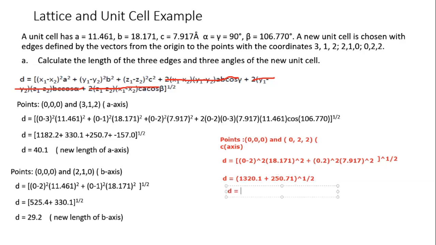So the new c-axis is going to be 39.63 angstroms. So that's the new length of the c-axis. Now we know the length of the new a-axis, b-axis, and c-axis.